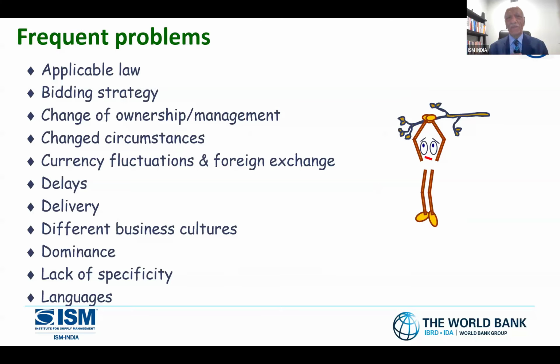Ownership has changed. Changed circumstances. Change of ownership means I was making some big hospitals under a Public Private Partnership, and ownership changes. Currency fluctuations. I think our colleague raised the question of currency fluctuation. This is certainly a big issue.